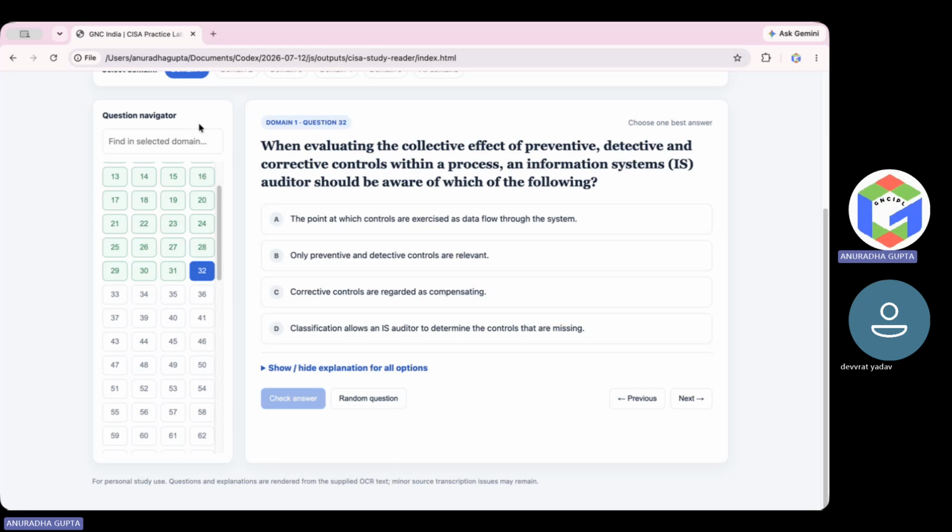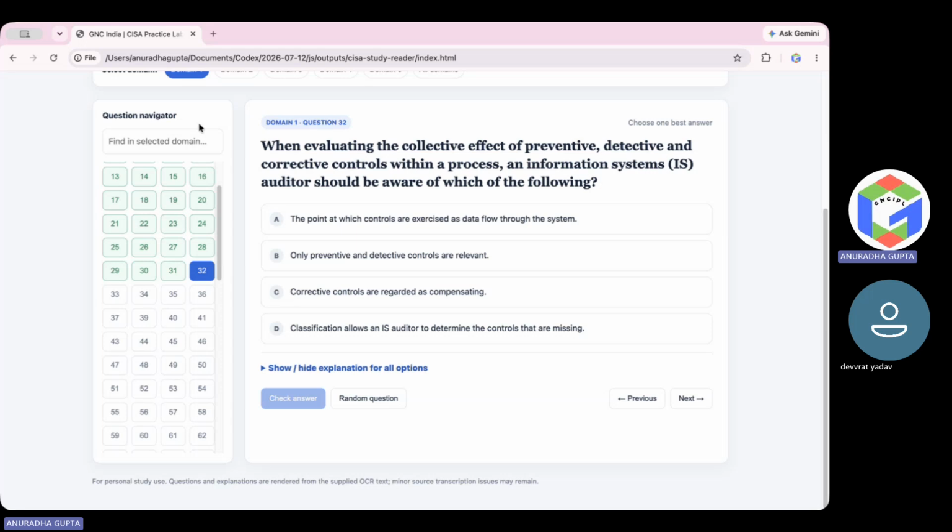Option A is saying the point at which controls are exercised as data flow through the system. The chances of this would be high because at the point of time when controls are being exercised, as data flow through the system, right?